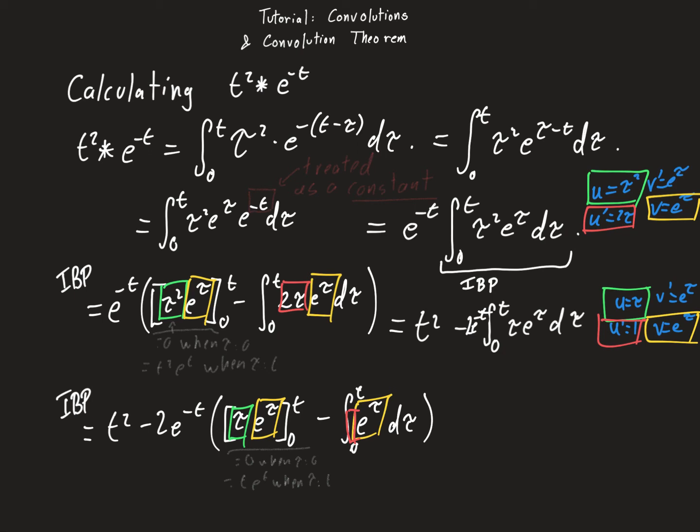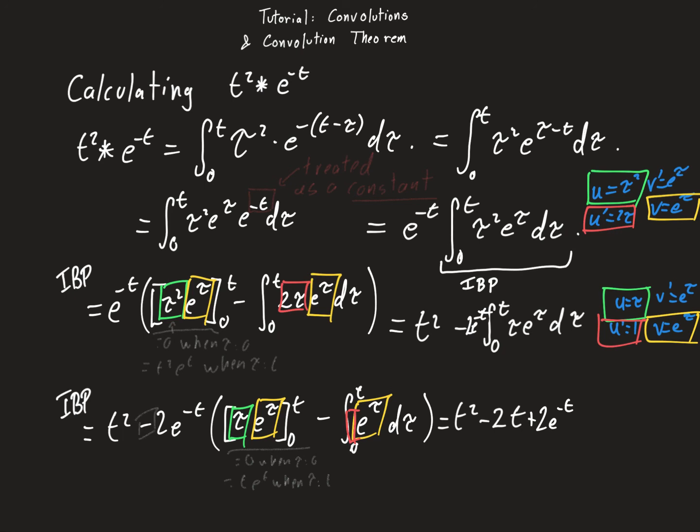So plugging all those values in, multiplying it out, we're going to have our t squared minus 2 times t, because again, the exponentials are going to cancel each other out. Now what we have left is this last term. So here that minus becomes a plus 2e to the negative t, because we had a minus multiplying out.